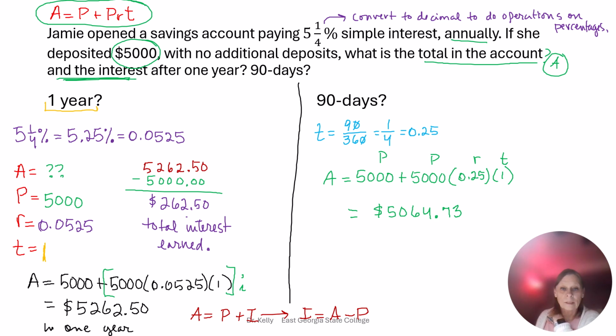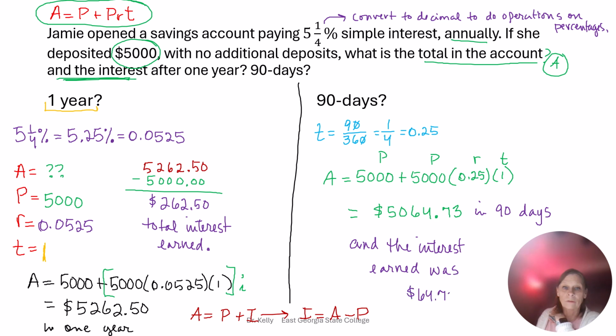And we can say that in 90 days, the interest earned was $64.73.